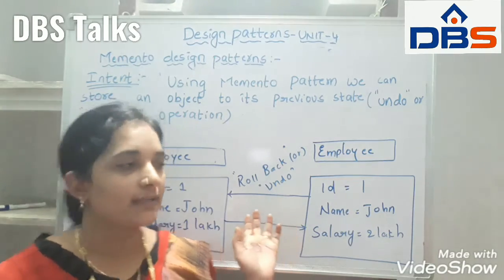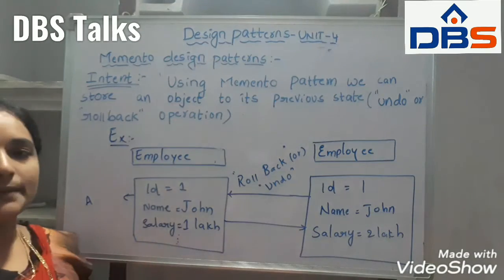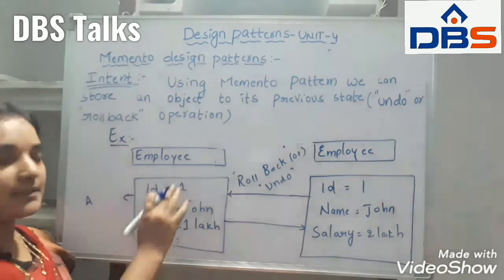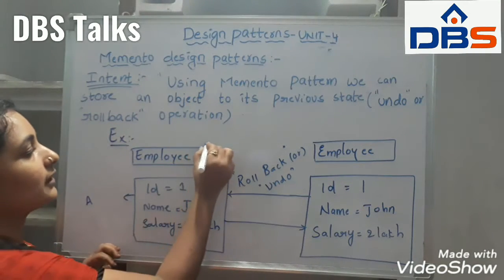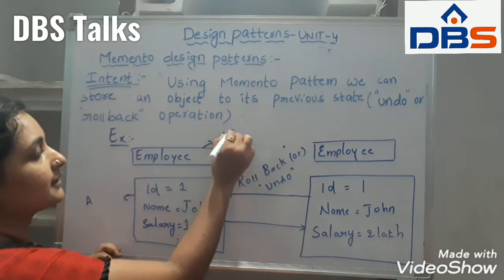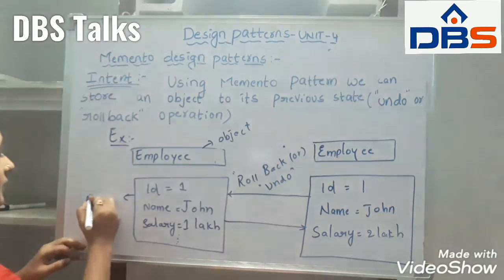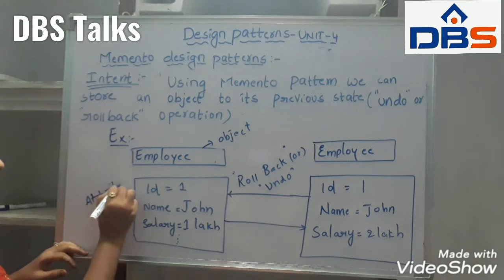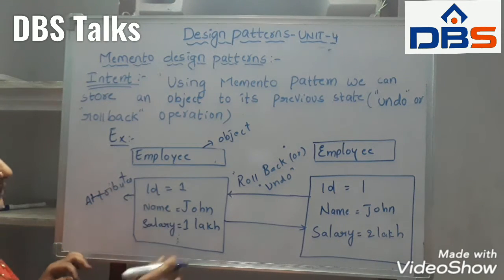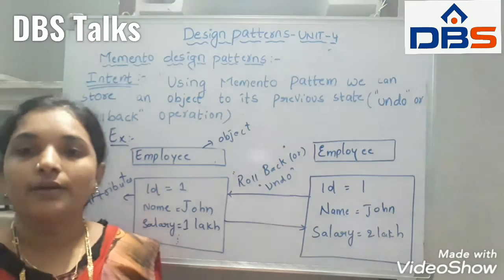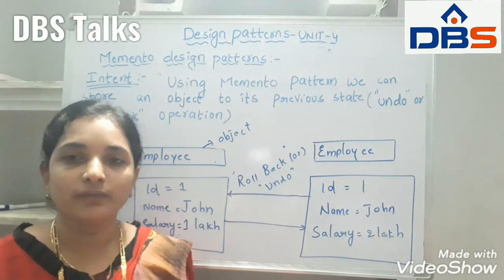Okay, I have a small example here. In this I have an employee. This employee is one object, and in this object we have some attributes. Suppose I took 50 attributes.